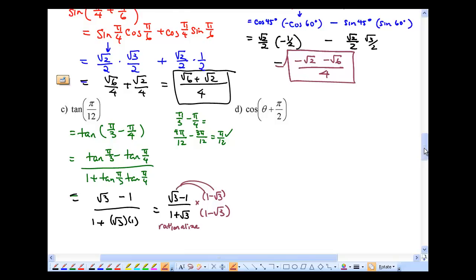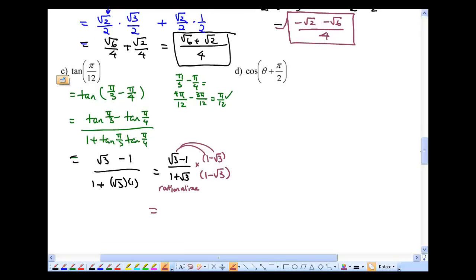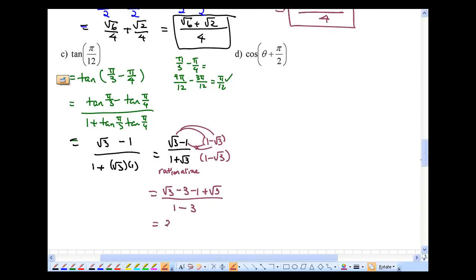We'll distribute. All over 1 minus 3. And I think the top part becomes 2 root 3 minus 4. This is over negative 2. We'll factor out the 2 and divide out. How about negative root 3 plus 2?